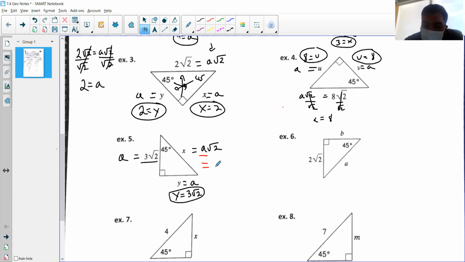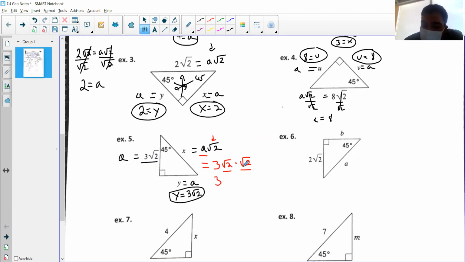So when I substitute it, it's 3 root 2 times this one over here, root 2. So it's A times root 2. I have to do it, even if my A already has a root 2, I have to do it that way. Now, when you have two square roots that have the same index, you can multiply the insides.